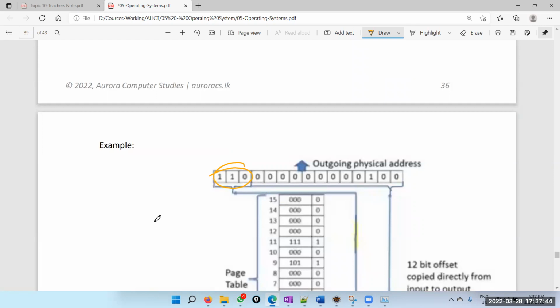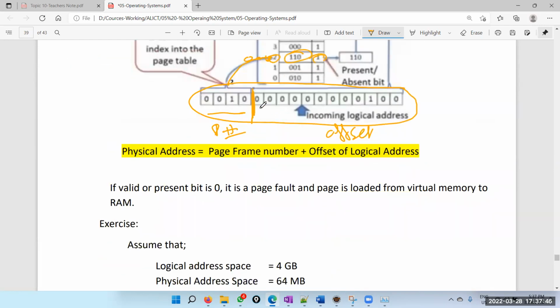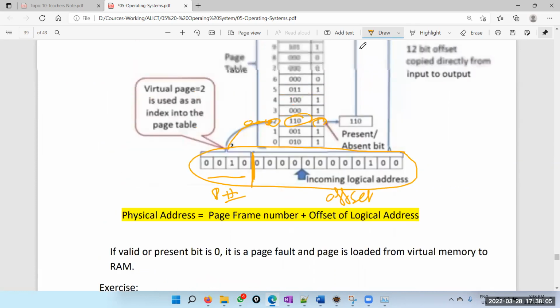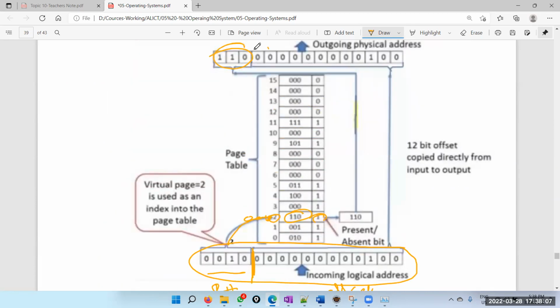Then this portion is the offset, and in this case it says 1, 2, 4. It says this is the fourth record in that page. If it is the fourth record in the page, it is going to be the fourth record in the frame also. So we just have to copy this portion and we are done.